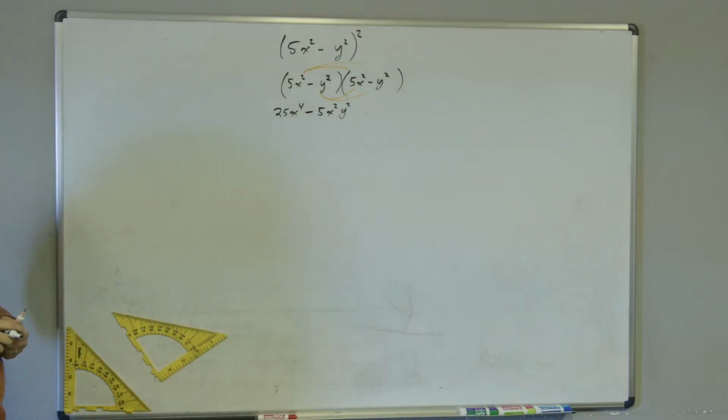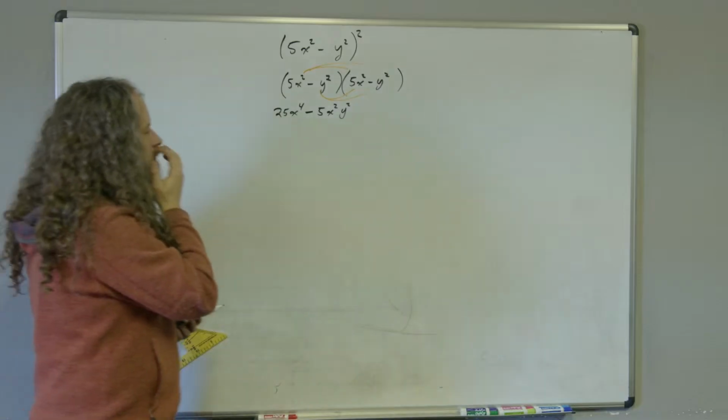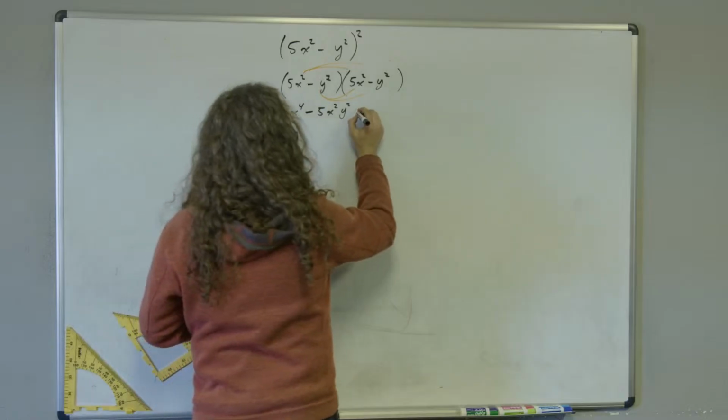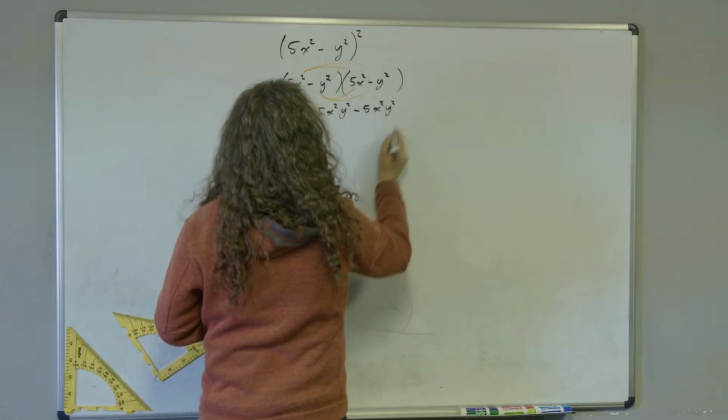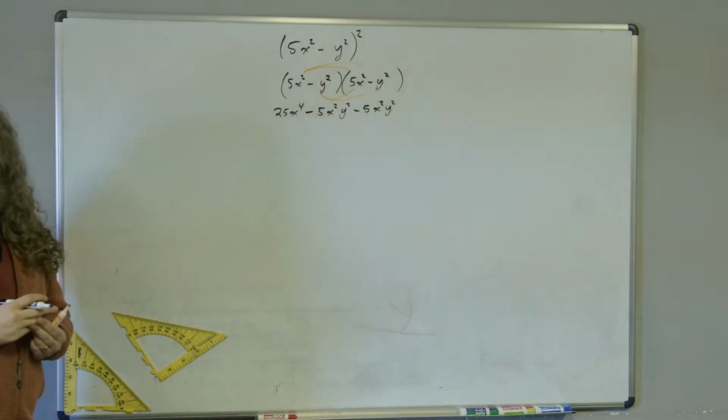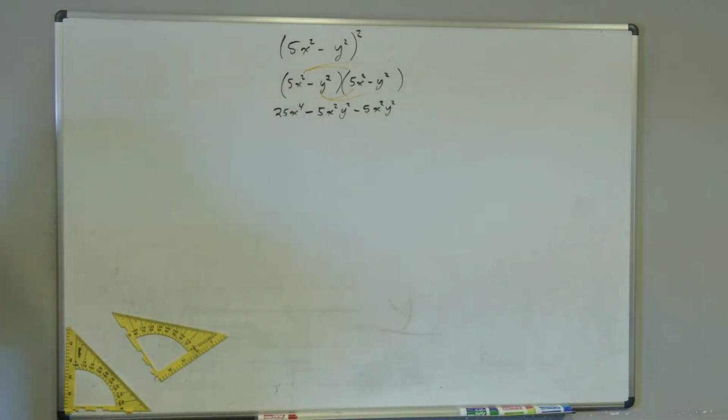What's negative y squared times 5x squared? What's negative y squared times negative y squared? True enough.